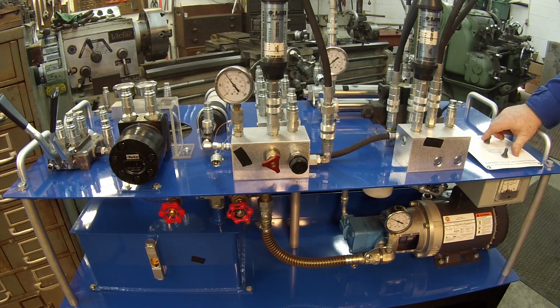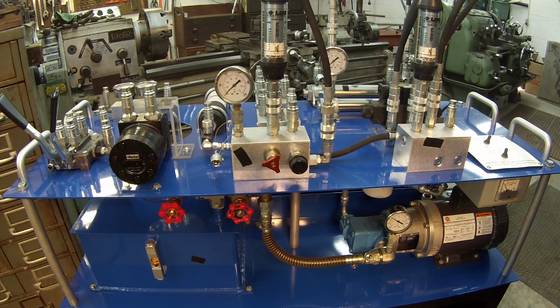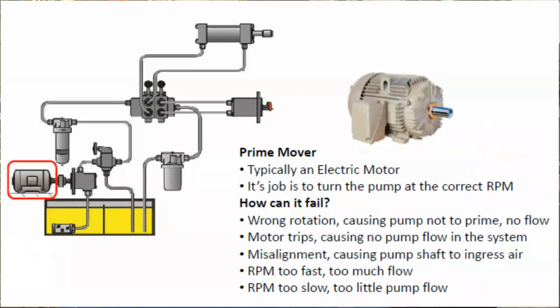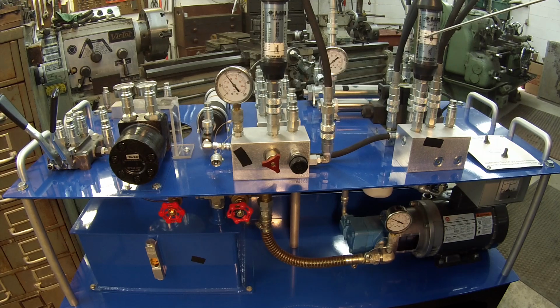Okay? All right, next thing we want to talk about is your prime mover, which is your electric motor right here. Your electric motor's job is to turn your pump at the right RPM to make sure you get the right amount of discharge gallons per minute through this right here. You see I've got 1.8 gallons per minute.